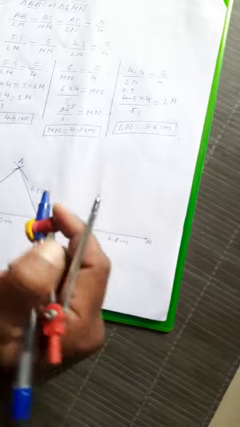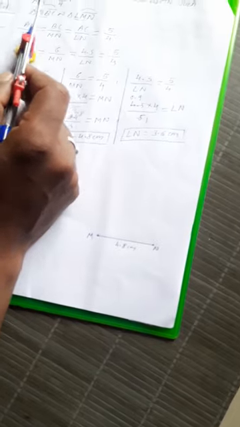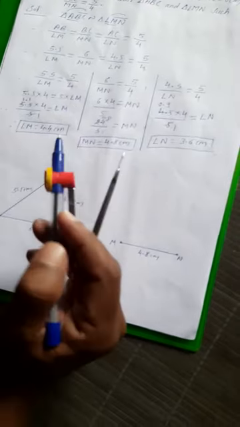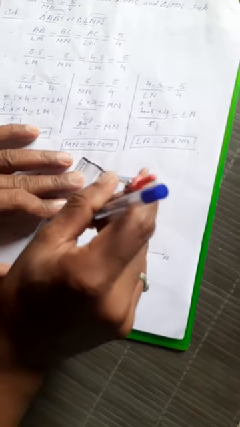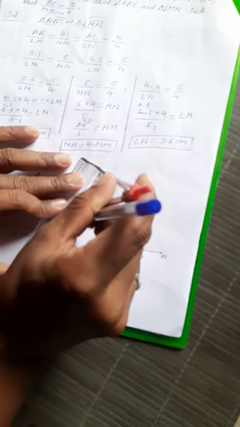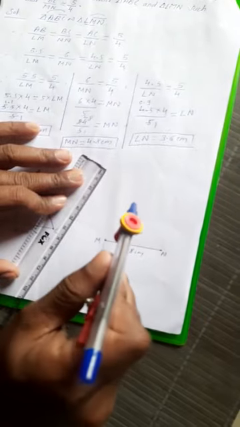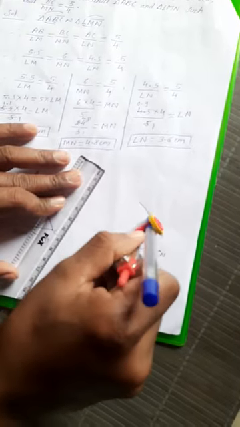Now which side corresponds to AB? LM corresponds to AB. So we'll take this length, 4.4, and draw one arc.